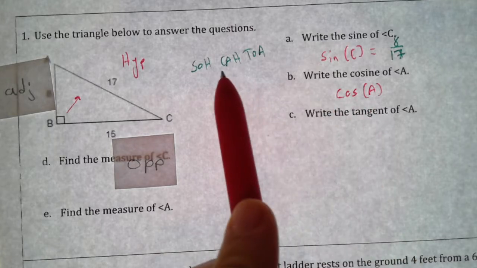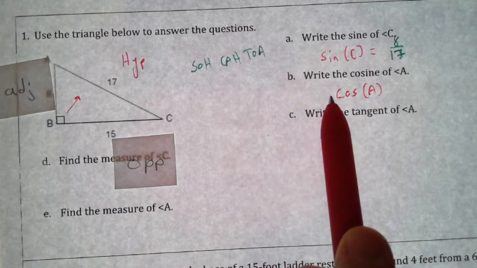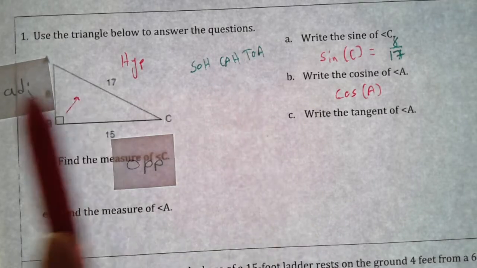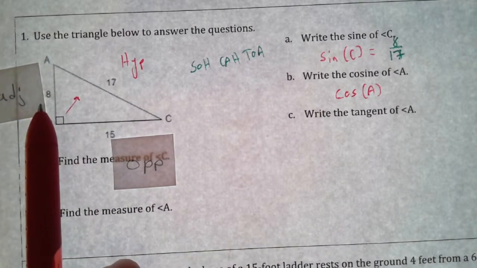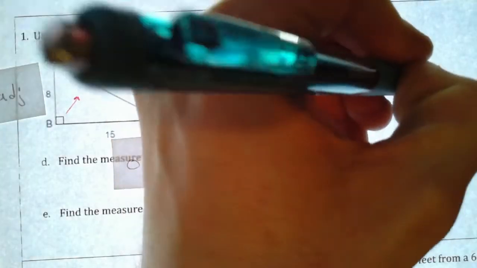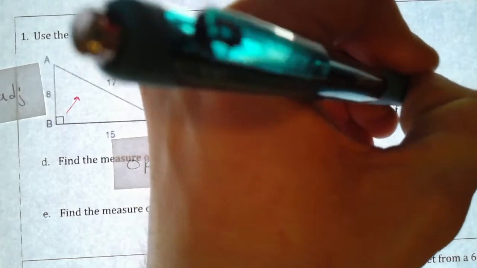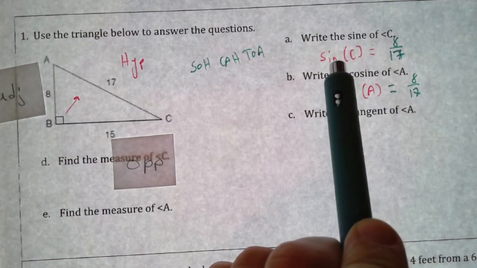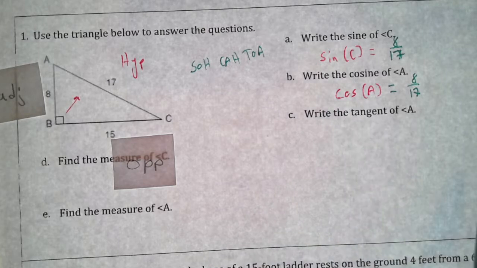Cos uses CAH because it has the C, cos for the C, and it has adjacent over hypotenuse. Well, now adjacent is over here, so now it's going to be, again, cos of A is now equal to 8 over 17. Interesting how sine of angle C is the same thing as cos of angle A.